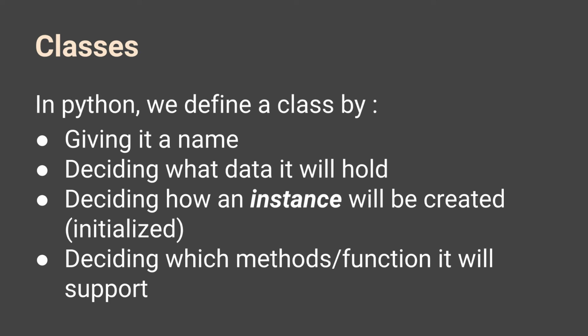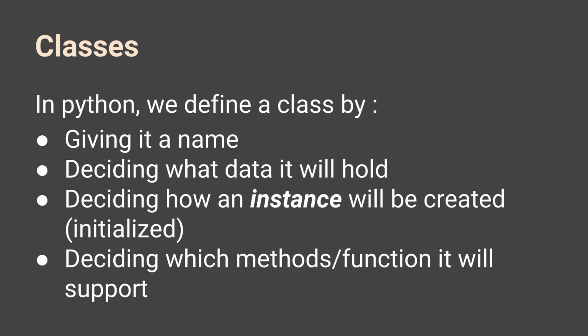Just like we can have many dictionaries in our program, we can have many lists, we can have many instances of the particular class that we're going to create. Each one of those instances will have data associated inside of it. It might have a couple of integers. It might have a list inside of it. It could have a string inside of it. It could have all three. And each instance will have that data unto itself.